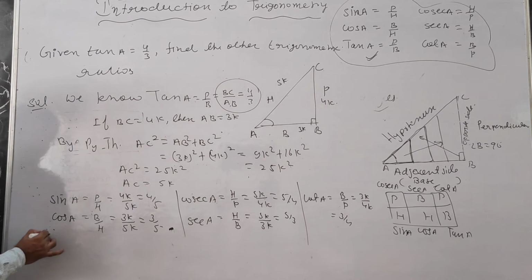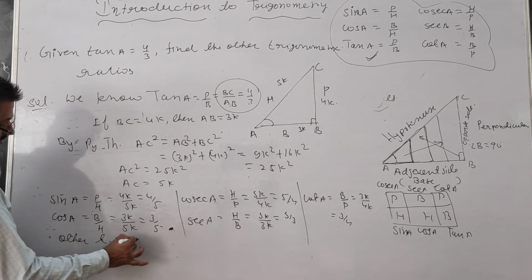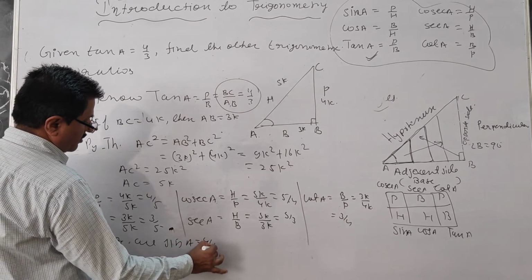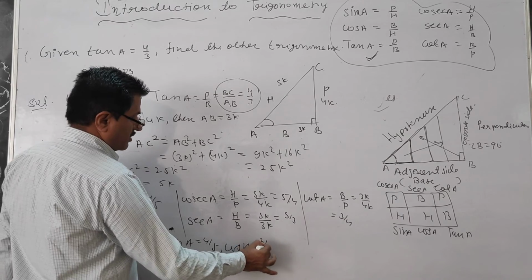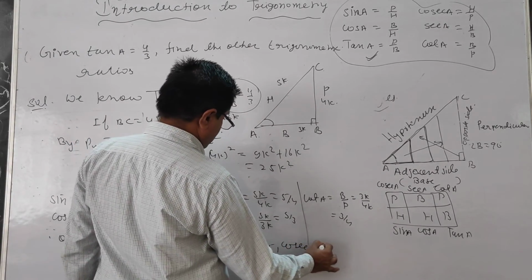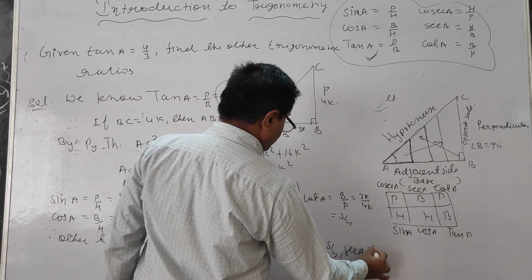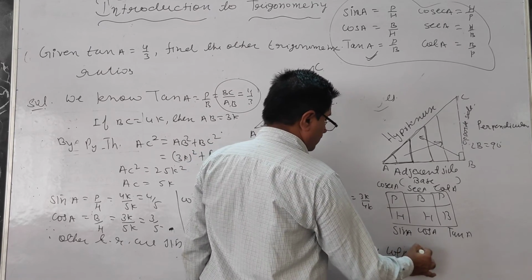So you can write, therefore, the other trigonometric ratios are: sin A 4 by 5, cos A 3 by 5, cosec A 5 by 4, sec A 5 by 3, and cot A 3 by 4.